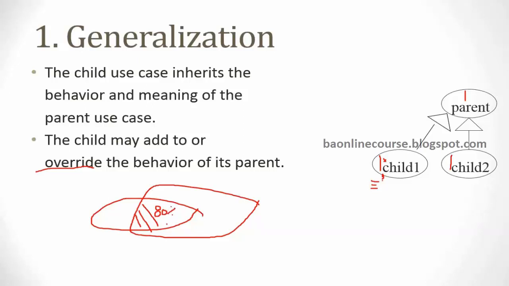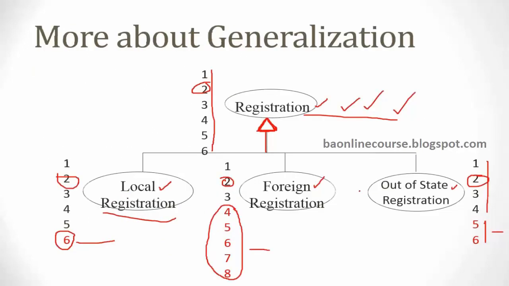So this 80% you'll define as a parent use case, right? And usually if you look at the children, they're all related, right? So one is local registration, foreign registration, but at the end of it, it's all registration, right? So they have a lot of functionality common among themselves. So broadly, they're all registration processes, right?